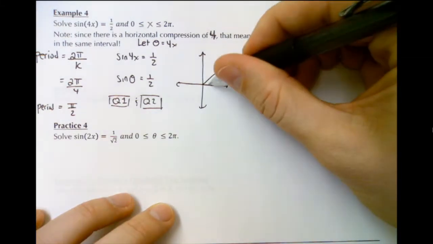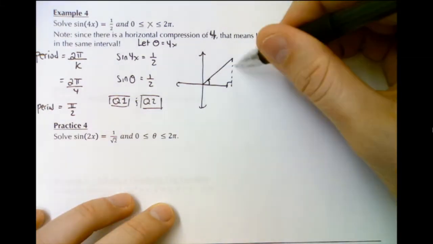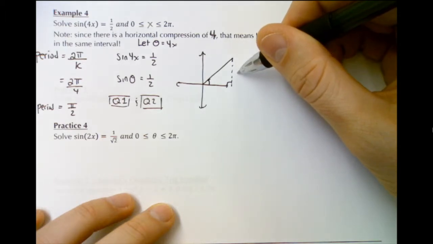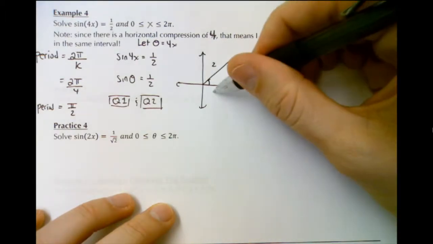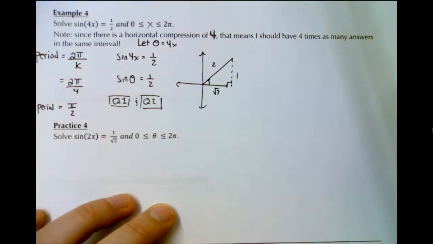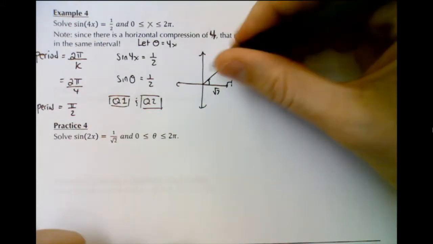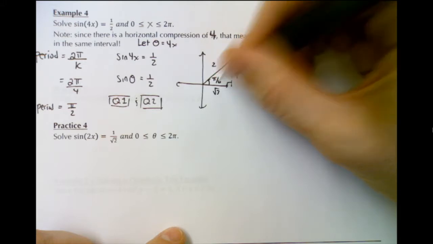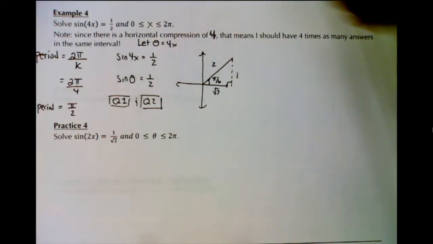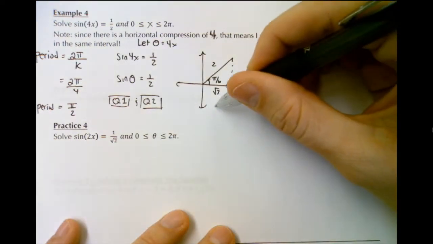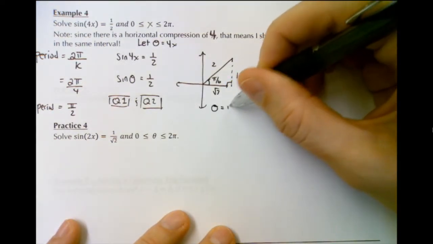Sine is opposite over hypotenuse. Opposite is 1, hypotenuse is 2. Well, 1, 2, root 3 is a special triangle, and that angle would be pi over 6. So our theta, in this case, would be pi over 6.